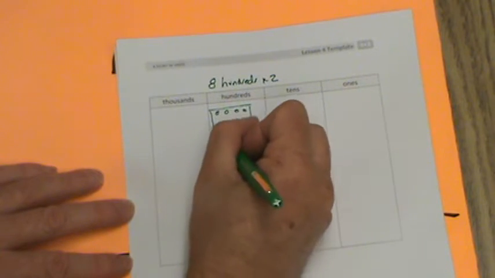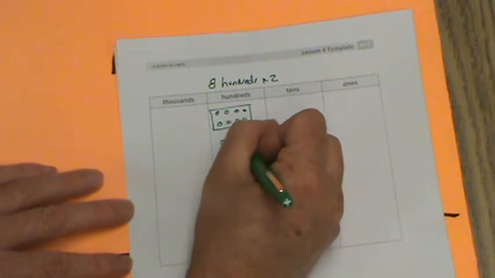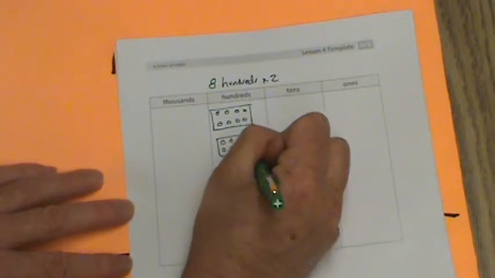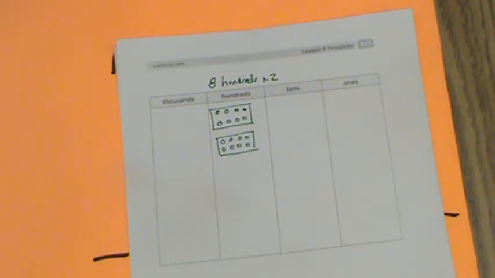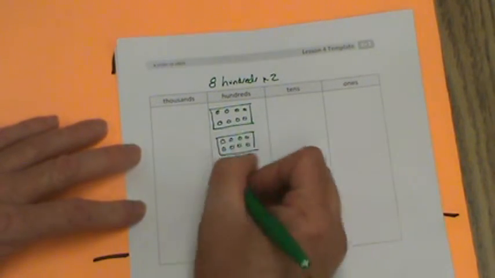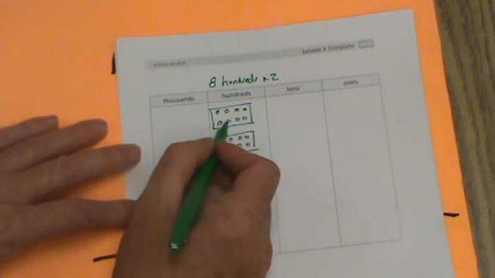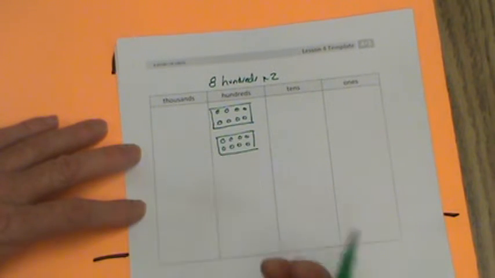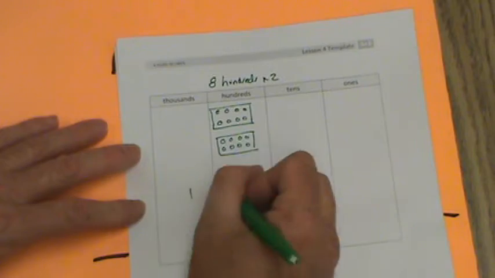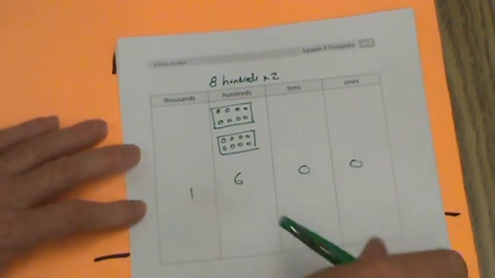There's 800, and now times 2. Same thing, right? We could take 10 of those and bring them over here. We could count 1, 2, 3, 4, 5, 6, 7, 8, 9, 10, 11, 12, 13, 14, 15, 16. We have 1,600.